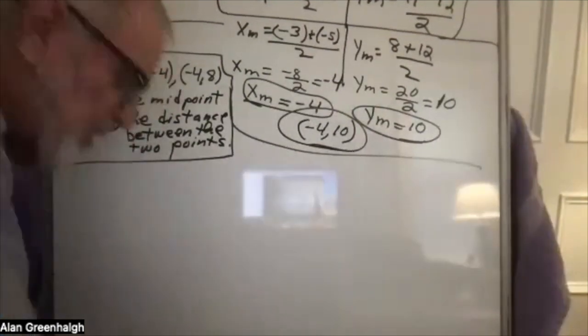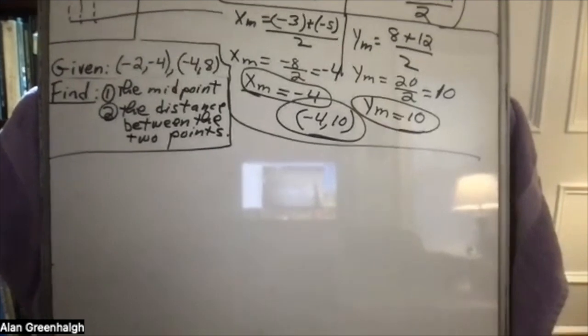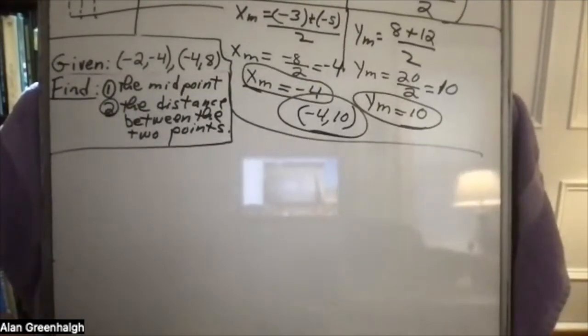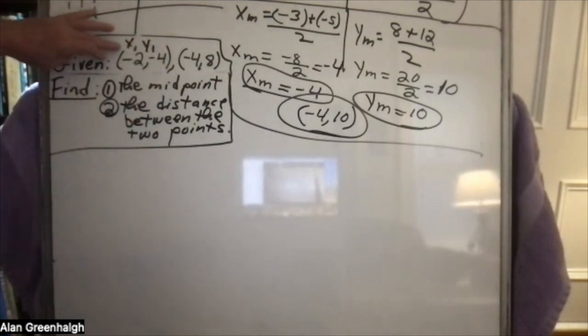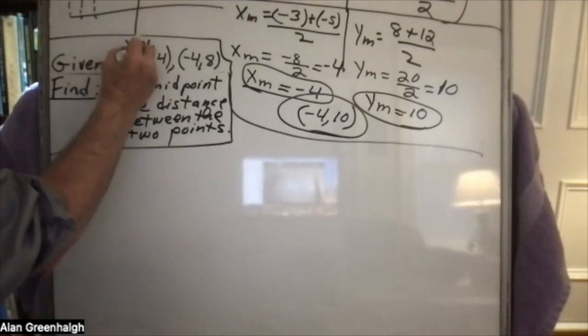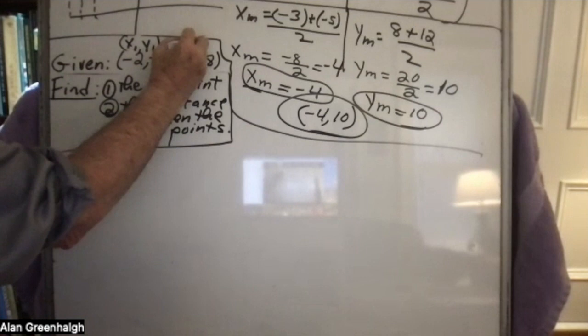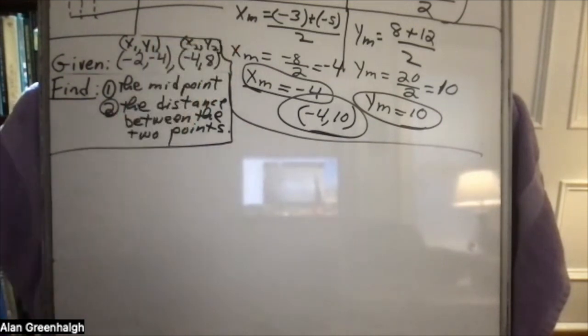Okay, I think I'm going to begin. So let me tip this slightly over there. And I think, well, let's do the problem the way it's intended to be. So this is x1, y1. The first value of x, the second value of x, the first value of y, the second value of y.